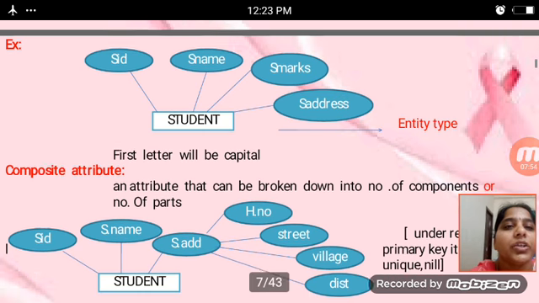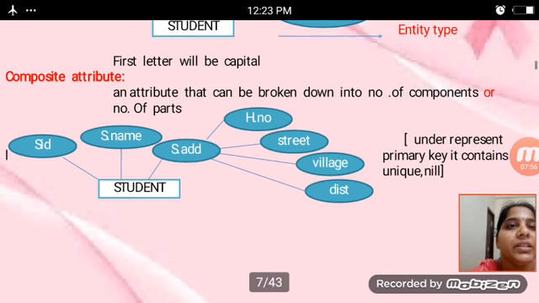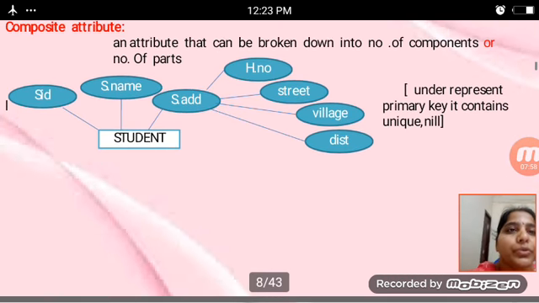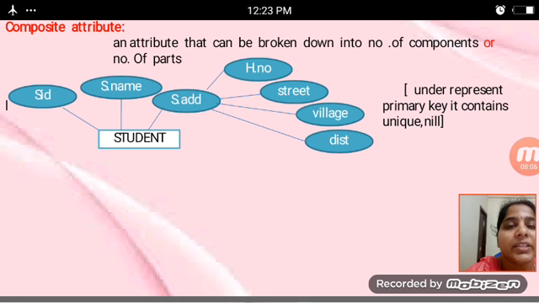After that, composite attribute. A composite attribute is an attribute that can be broken down into a number of components or parts. A student having the student ID, student name, student address, then hall ticket number. The address has a hall number, street, and then village and district.